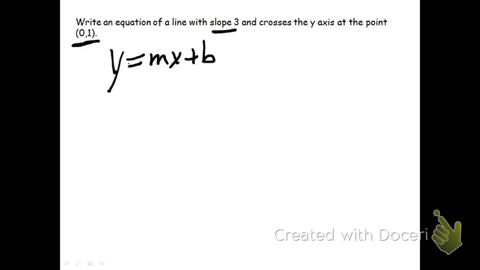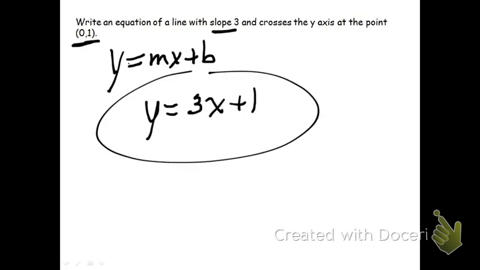It means it has a y-intercept of 1. So given this information, it's pretty easy to write the equation. We have y equals 3x plus 1. That's the simple version. If you're given the slope and the y-intercept, just plug those numbers in.